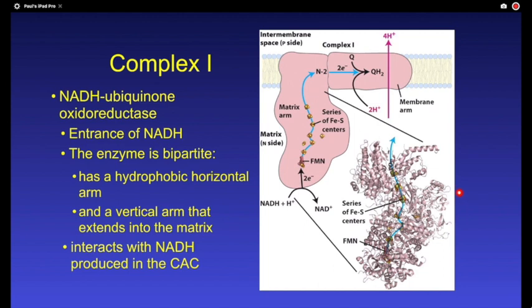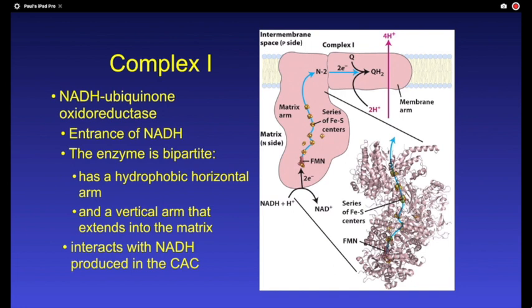Why in the world could we get a crystal structure of this and not a crystal structure of that? The other part, what? It's in the membrane. But why does that have any effect on getting a crystal structure? I said it was difficult.